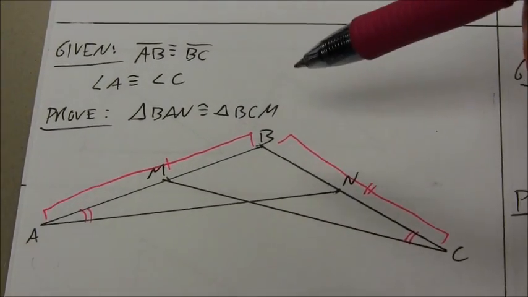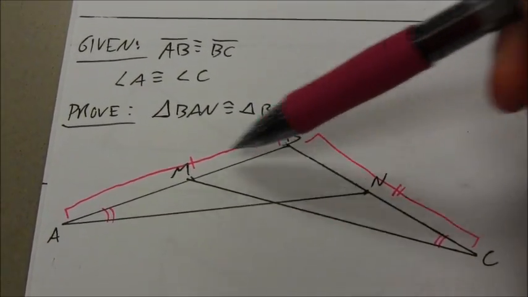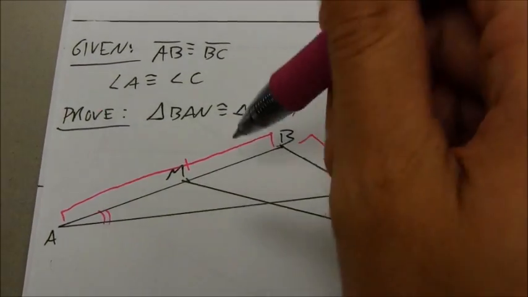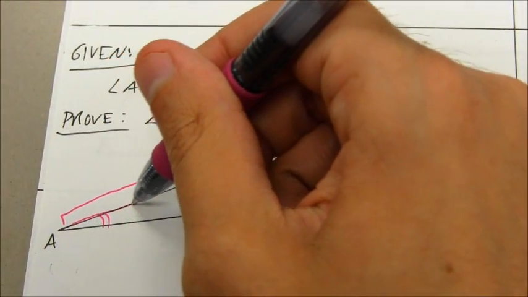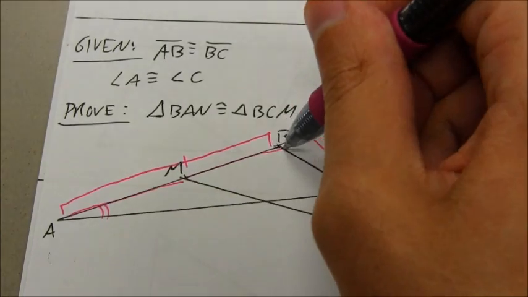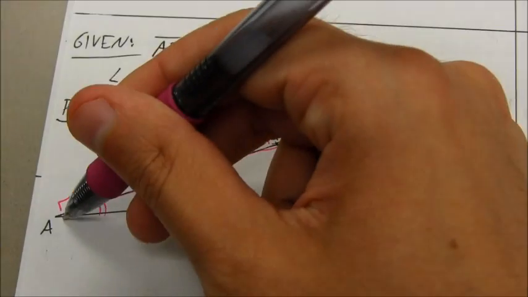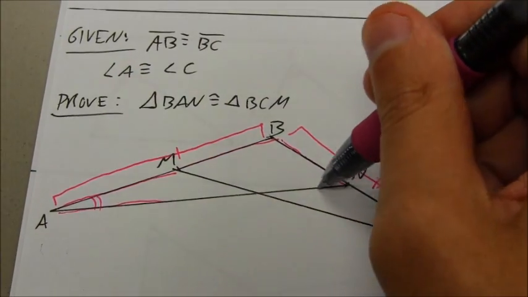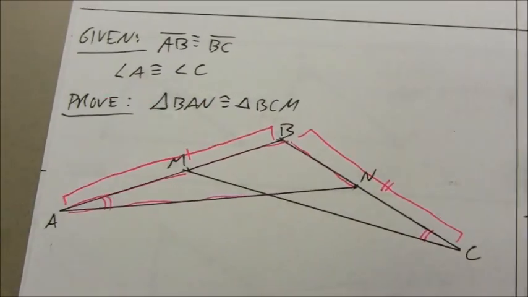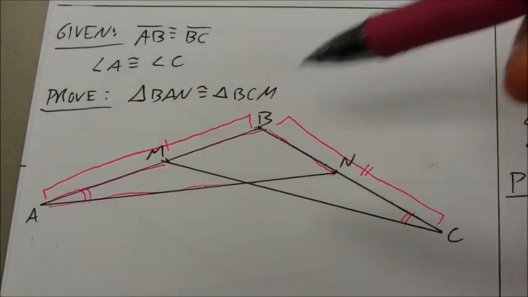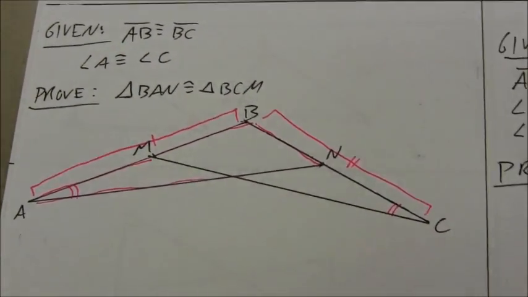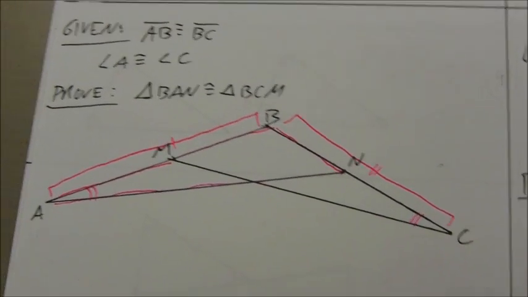Notice I'm trying to prove the overlapping triangles congruent. That's BAN. That's this whole triangle all the way along here. Congruent to BCM, which of course is the other overlapping triangle.